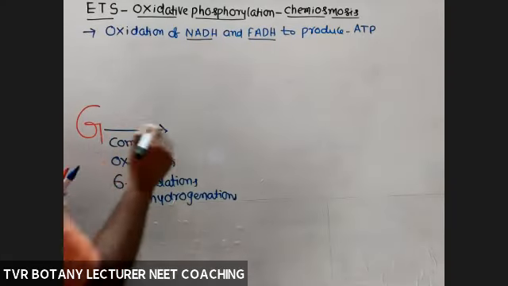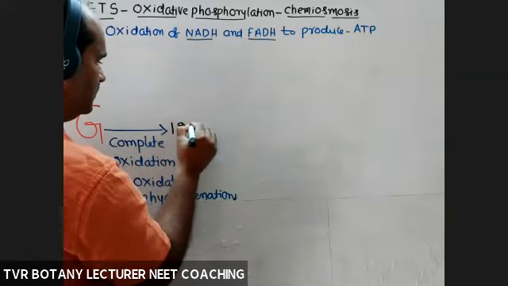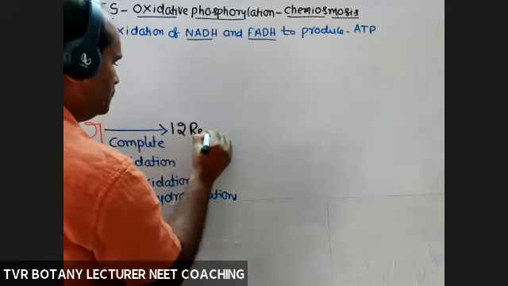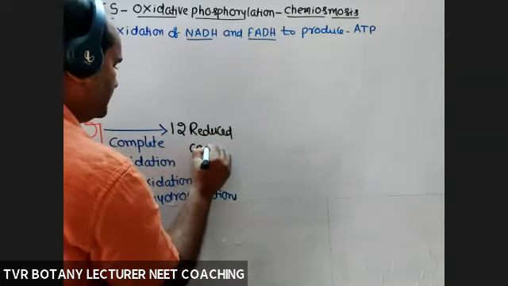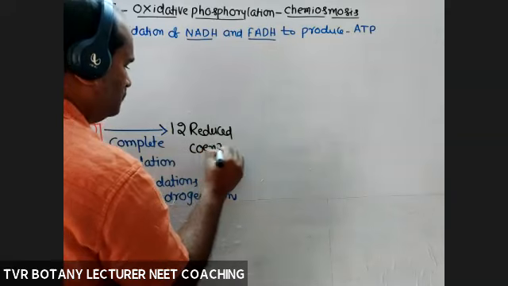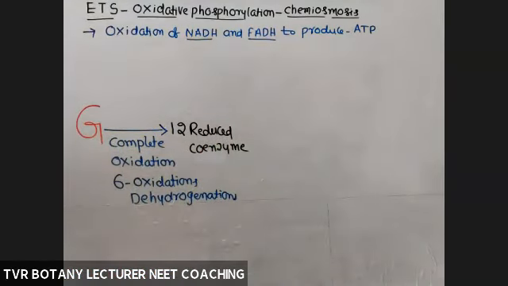Okay, they account for the formation of how many reduced coenzymes? 12 molecules of reduced coenzymes. What about all the colors? Are all visible clearly?